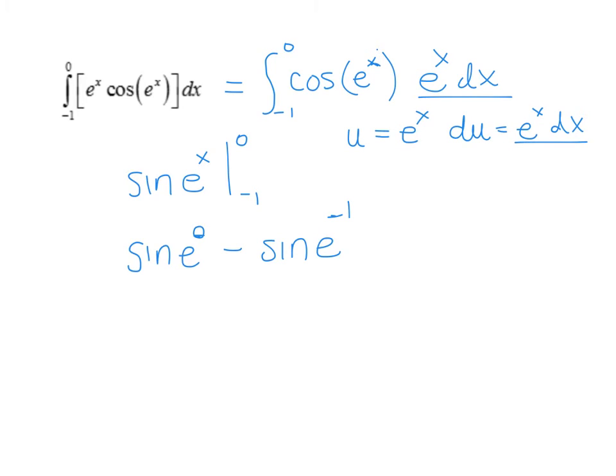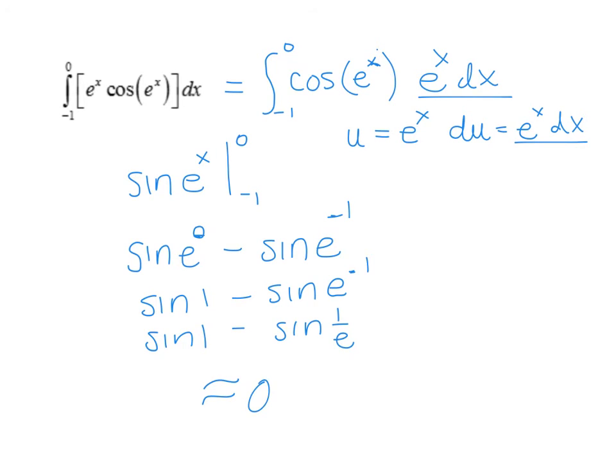Well, e to the 0 is just 1, so I have sine of 1 minus the sine of e to the -1. And so that's just a constant. We could write it the sine of 1 over e if you just really wanted to, but these are not logs, so you can't put them together. So when you throw that in your calculator, you're going to get 0.482, rounded to 3 decimal places.